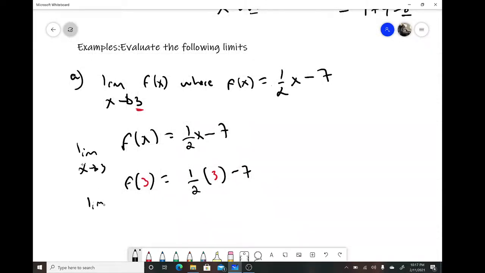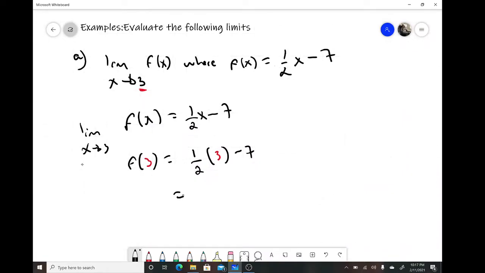Again, this is the limit as x goes to 3. So what do we have here? 3 times 1 is 3, 1 times 2 is 2, so we have 3/2 minus 7. You can simplify this a little bit more.